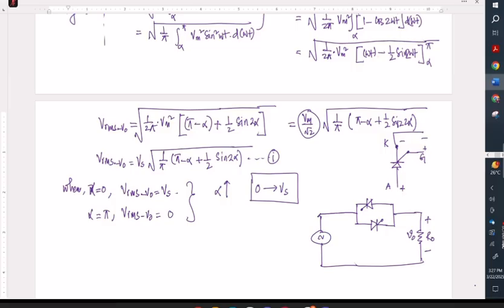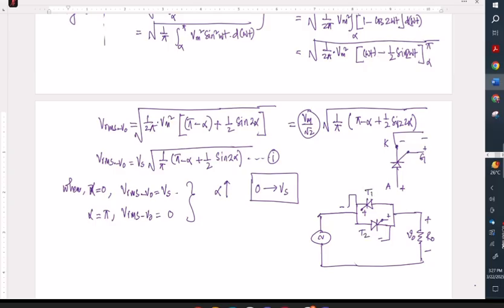If I want to turn the upper thyristor on, we have to put a positive, negative signal like this. And for the other thyristor, to turn it on, we need to put a positive, negative signal like this. So as you can see, their cathode is not common. Suppose this is T2 and this is T1.